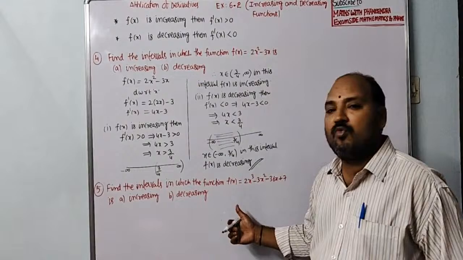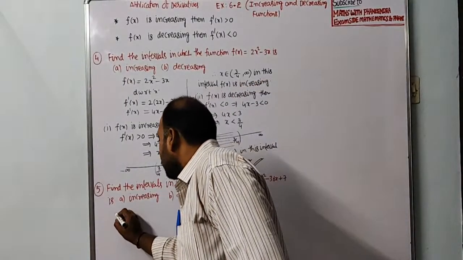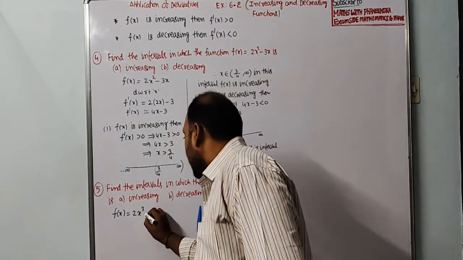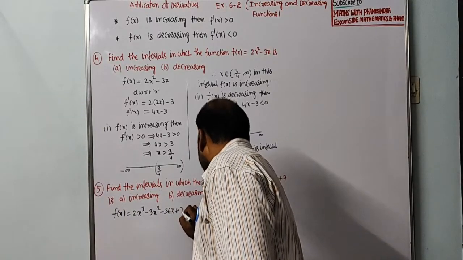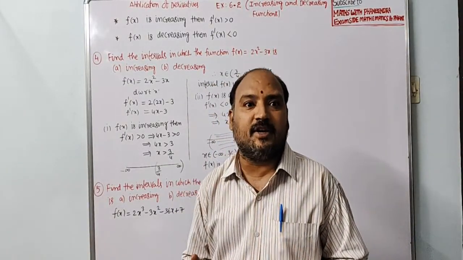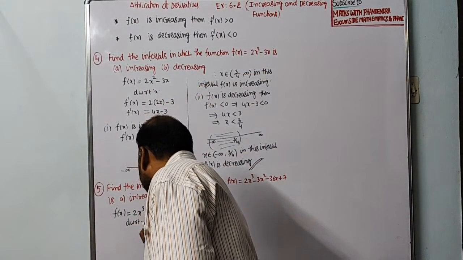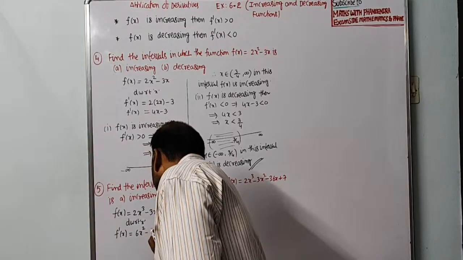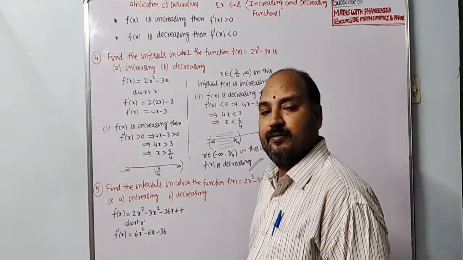Now come to question number 5. f of x equal to 2x cube minus 3x square minus 36x plus 7. To find the intervals where f of x is increasing or decreasing, you need to find f dash of x. So differentiate with respect to x, dear students. f dash of x equal to 6x square minus 6x minus 36, and the constant derivative is 0.